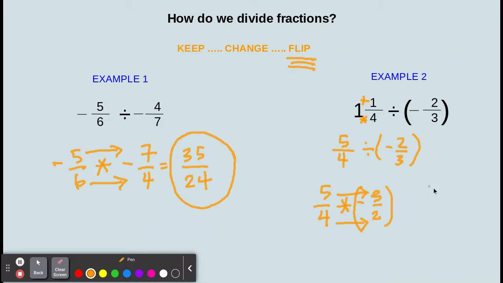That means 5 times 3 is 15, 4 times 2 is 8. Now this has a positive, this is a negative, so there are different signs, so our answer must be a negative. Again, you will notice this is an improper fraction. That is completely fine, so long as it is in simplest form.